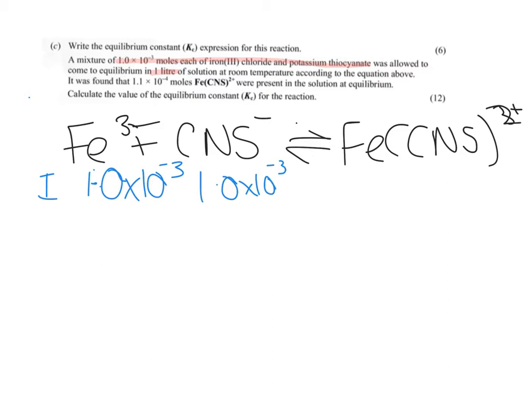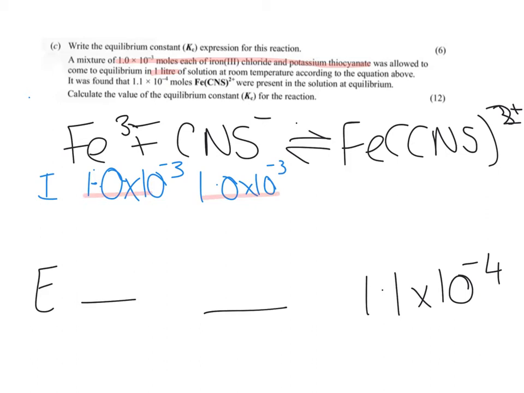The next thing that we're concerned with, guys, and I'm going to change the colour of my pen, is at equilibrium. All we're told at equilibrium, we're not told how much iron, we're not told how much thiocyanate. We are told that we have 1.1 by 10 to the minus 4 moles of our FeCNS2+. So we need to calculate how much of my iron and my thiocyanate we have used up in this equation. And to calculate that, we're going to rely on our ratio.